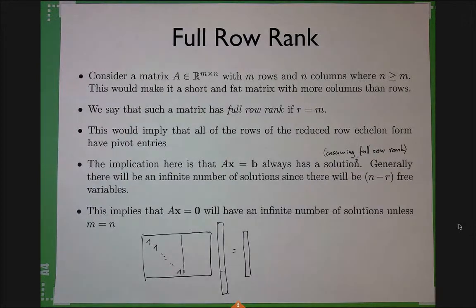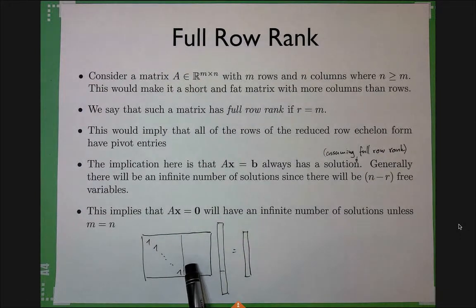So if n is strictly greater than m, then n minus r has to be at least 1, right? In the language of linear systems, this corresponds to the case when the linear system is underdetermined. We are solving for a lot of x's, but we have a small number of equations.